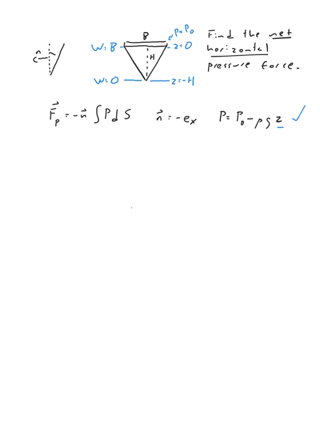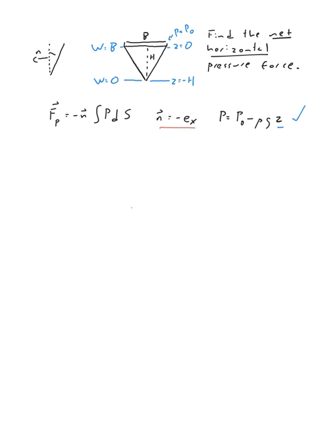Okay, I'm going to make a couple simplifications here just to make life easier. One of them is that I am going to just assume we're going to find the magnitude of the pressure force and not deal with it as a vector, so we can just ignore the normal expression.